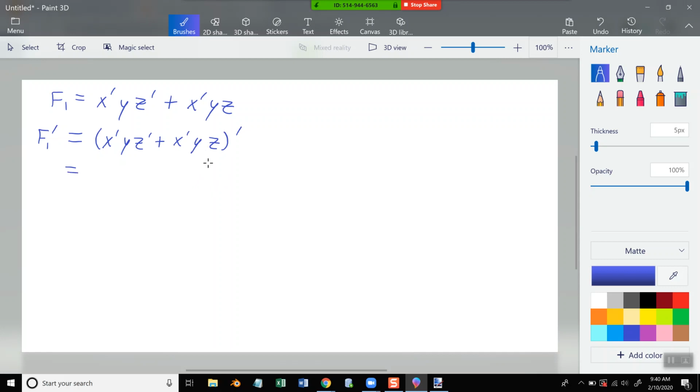Now remember, if you've got our invert, the not on here, and there's a plus in here, we can rewrite that as multiplication.